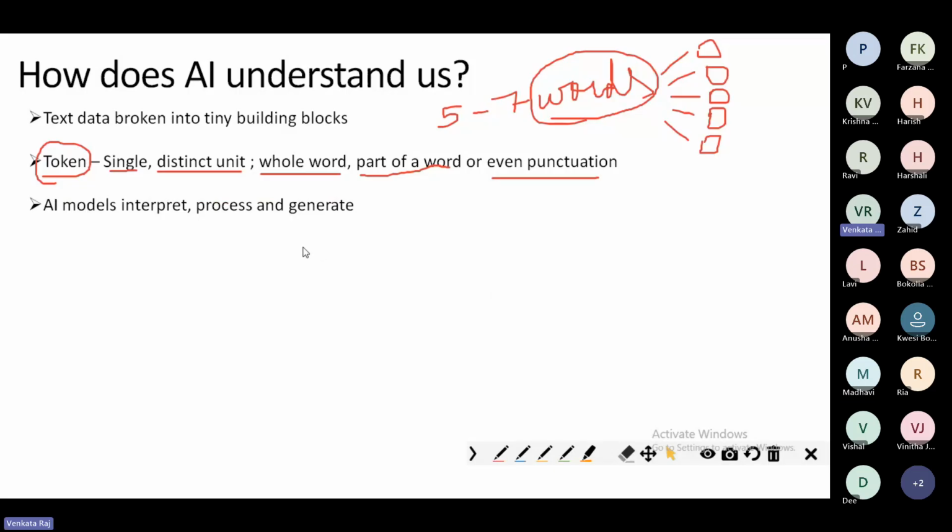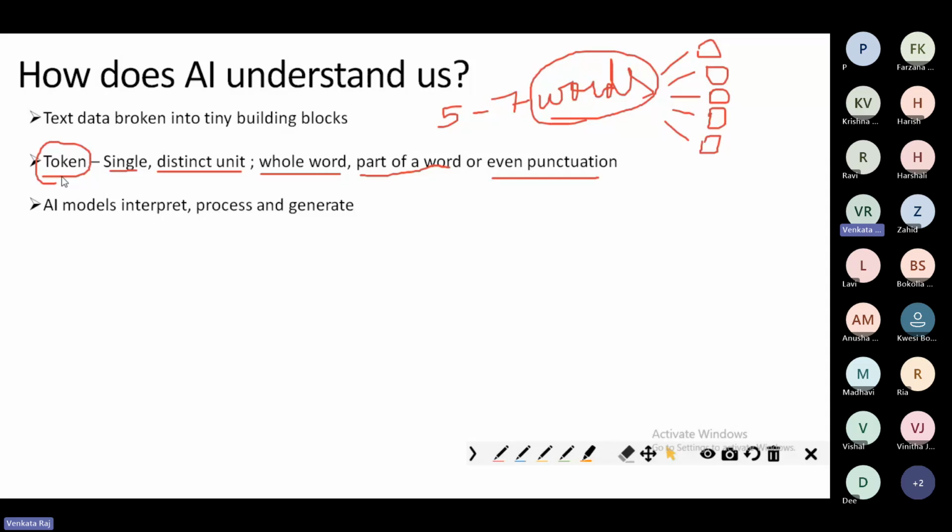Now the AI models will interpret these tokens. They are not going to interpret your entire sentence altogether. They are not going to interpret your entire task, entire instruction, entire question altogether.